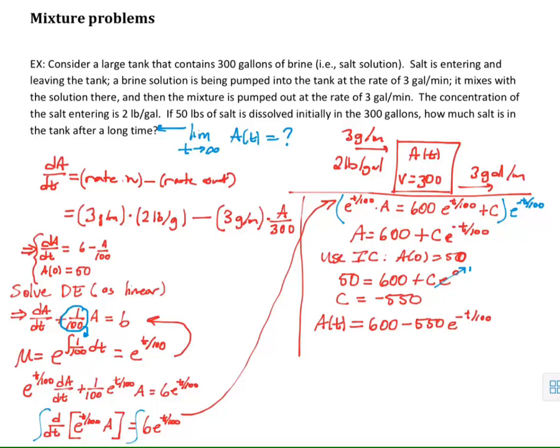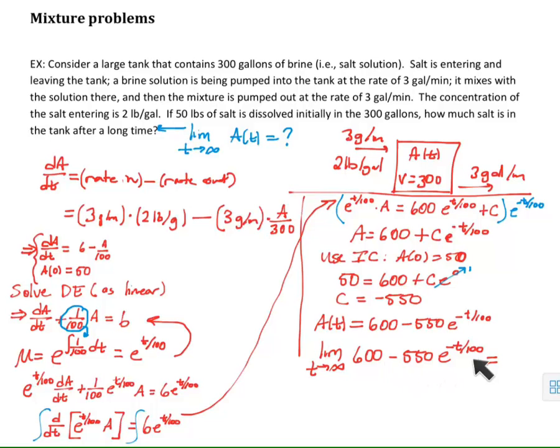And now we can come back to the original question of what's the limit as t goes to infinity of 600 minus 550 e to the negative t over 100. So this part right here, the 600, obviously is not dependent on t, so it hangs around.